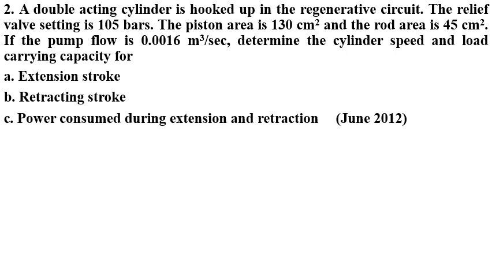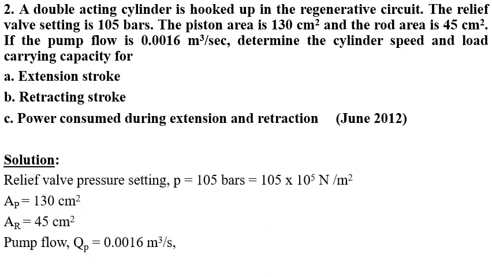Now we will move on to the solution part. Before going to the solution part, first we note down the data given in the numerical. Solution here, pressure is given P equal to 105 bars. It is nothing but 105 into 10 to the power of 5 Newton per meter square. Then area of piston is given 130 centimeter square.